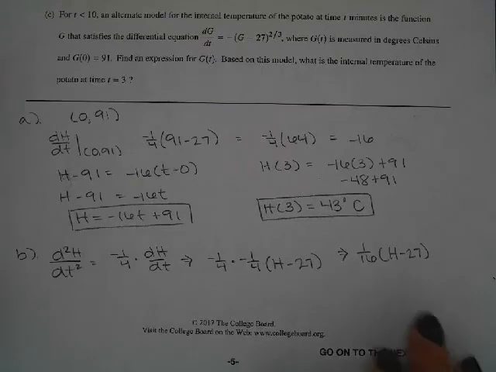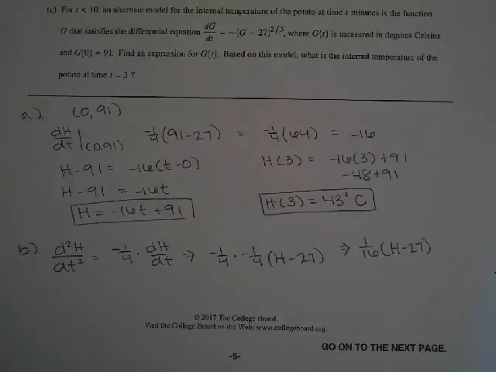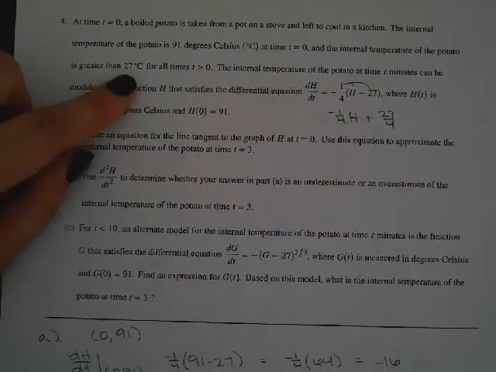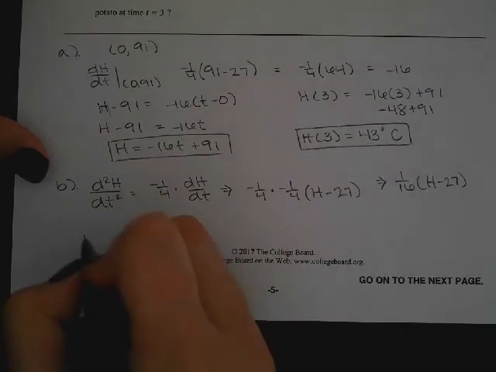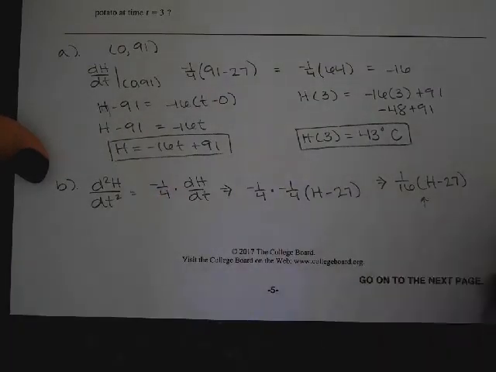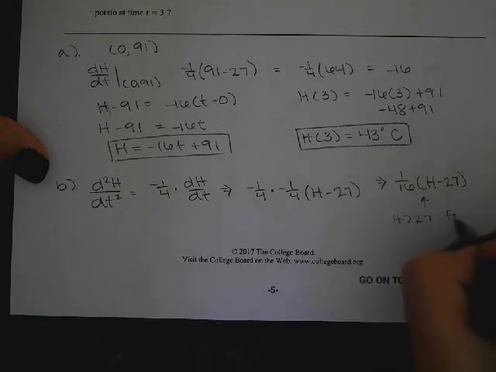Okay, and then to determine the concavity, if I think about time t equals 0, they told us in the problem that the temperature is greater than 27 degrees at t equals 0. So that means we're going to say h is greater than 27 for t greater than or equal to 0.